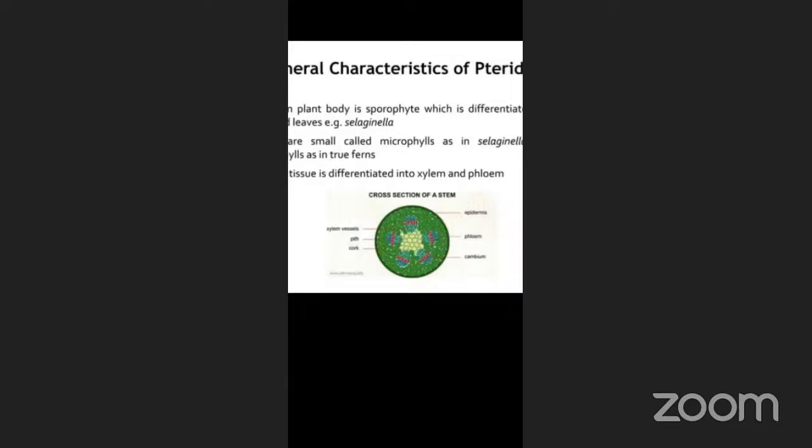And another character is the motile sperms reaching the egg through the neck canal of the archegonium. Through the archegonium only, the motile sperms, meaning antherozoids, swim and reach the egg to form a zygote. The archegonium has a long neck and a swollen base.